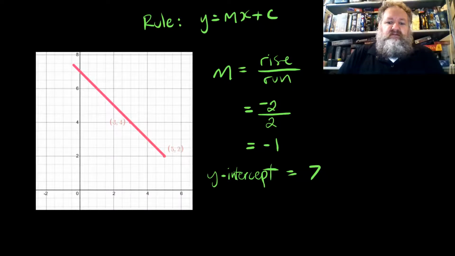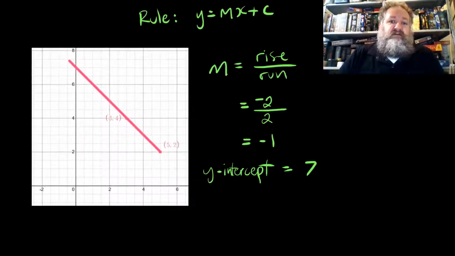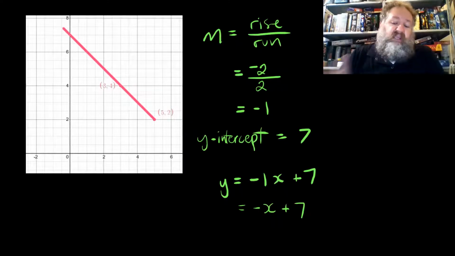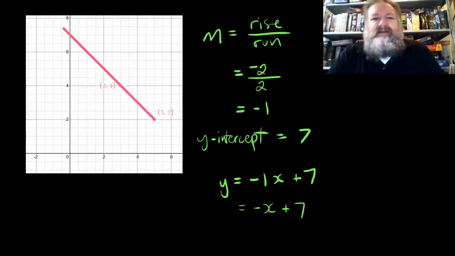I can put together the information I have for my rise and my y-intercept, and I can tell you that my general formula will be y equals negative 1x plus 7. But we don't normally write that 1 in front of our pronumerals, simply because we understand that it is always there. So it's just y equals negative x plus 7.